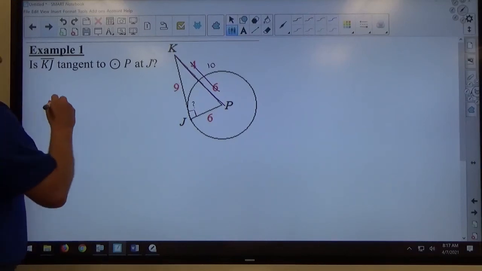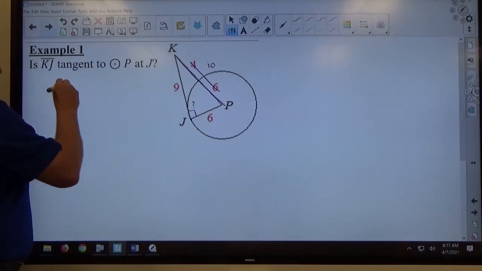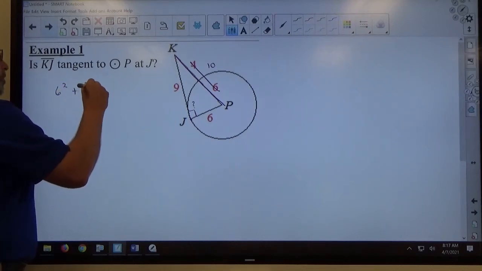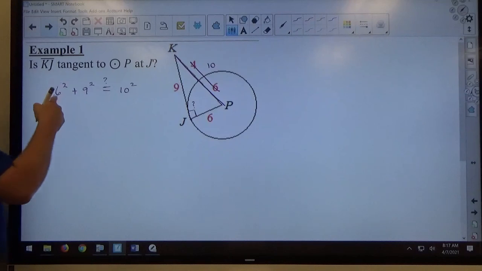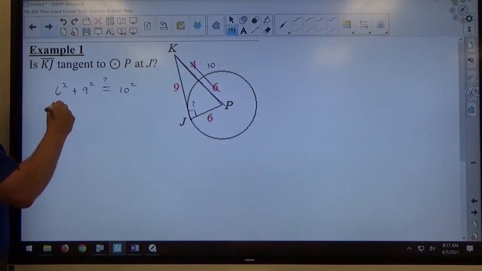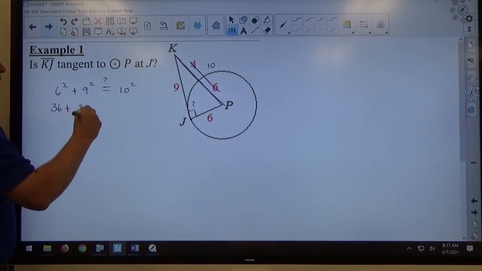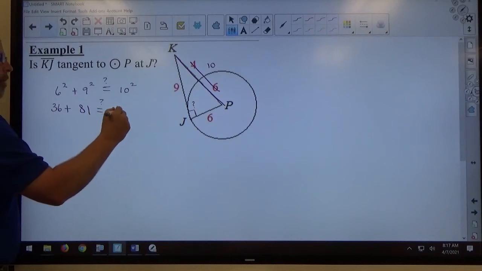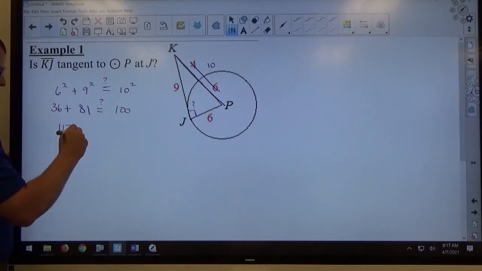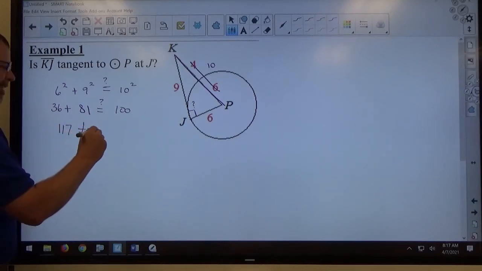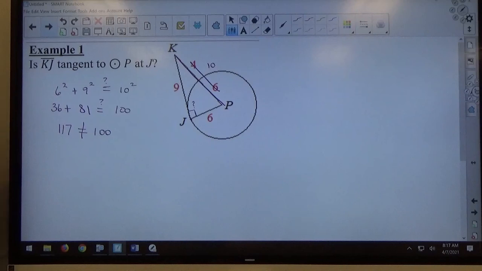So if we just test that out, let's see that 6 squared plus 9 squared maybe equals 10 squared. 6 squared, of course, is 36. 9 squared is 81. 10 squared is 100. 36 and 81 make 117. 117 does not equal 100, which means that angle J is not a right angle.